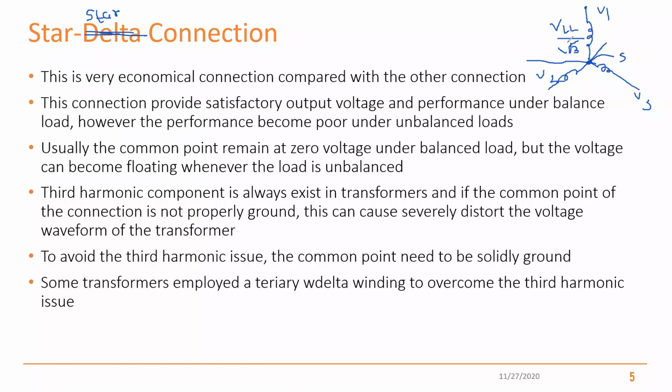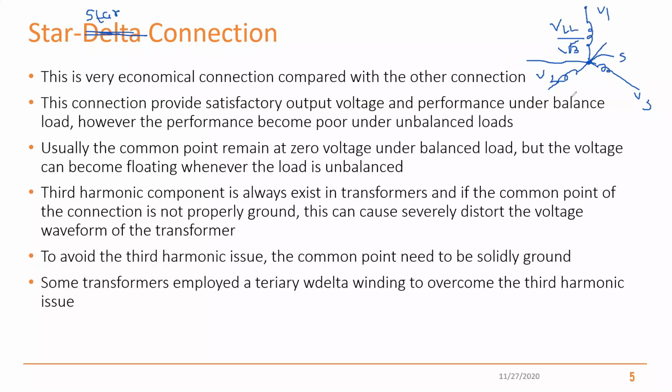If they vary with time, this voltage also varies, and hence it is not balanced. It can become unpredictable. So under unbalanced conditions, this star-star connection works very poorly.